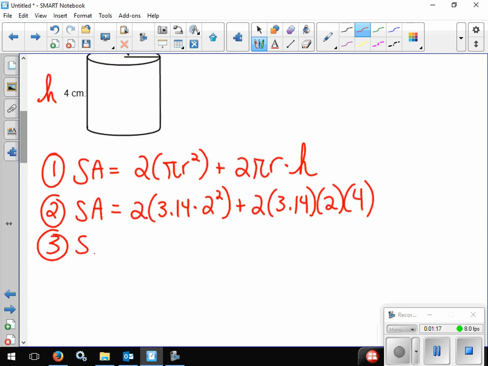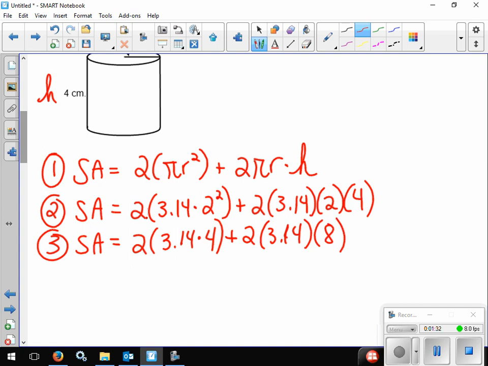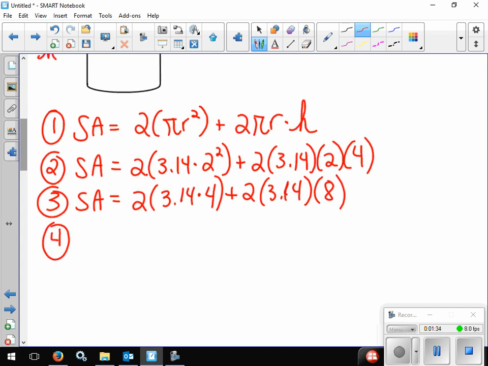Step 3, surface area equals 2 times 3.14 times 4, because 2 times 2 is 4, plus 2 times 3.14 times 8. 2 times 4 is 8. Okay, step 4, surface area equals, what's 3.14 times 4?